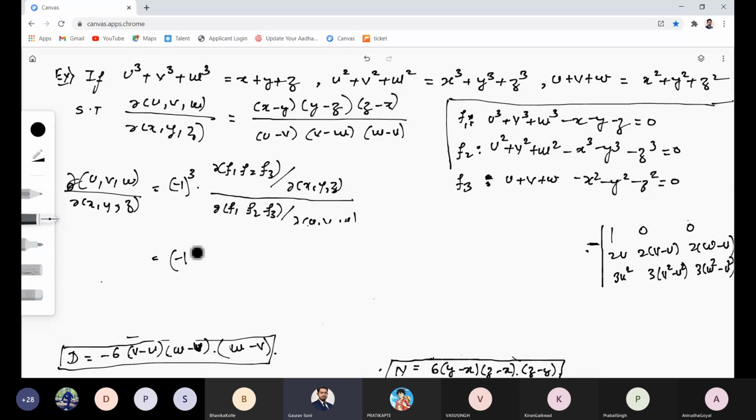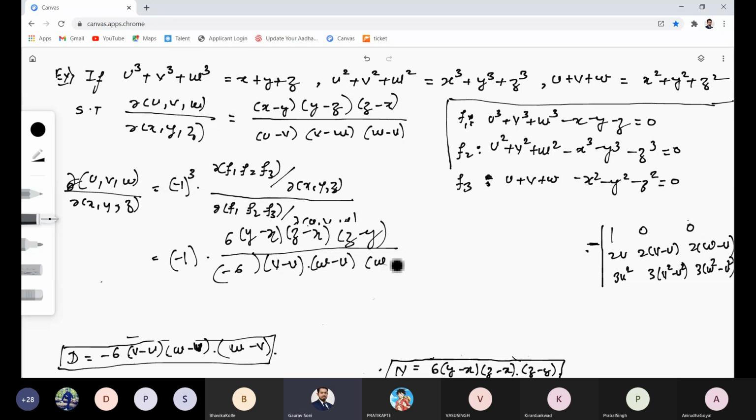So minus 1, the numerator 6, (y minus x), (z minus x), (z minus y), upon minus 6, (v minus u), (w minus u), and (w minus v).